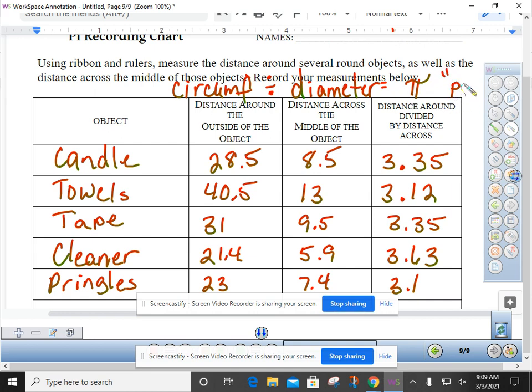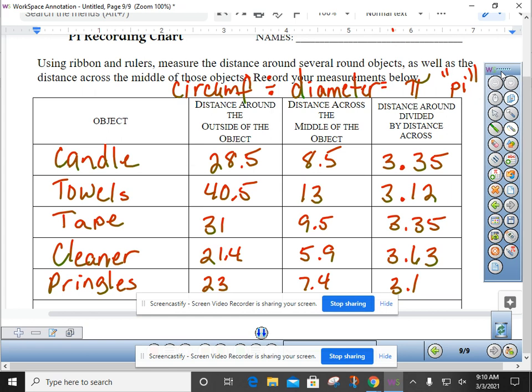So you just spent several minutes figuring out that the circumference divided by diameter equals pi. Say it again, circumference divided by diameter equals pi.